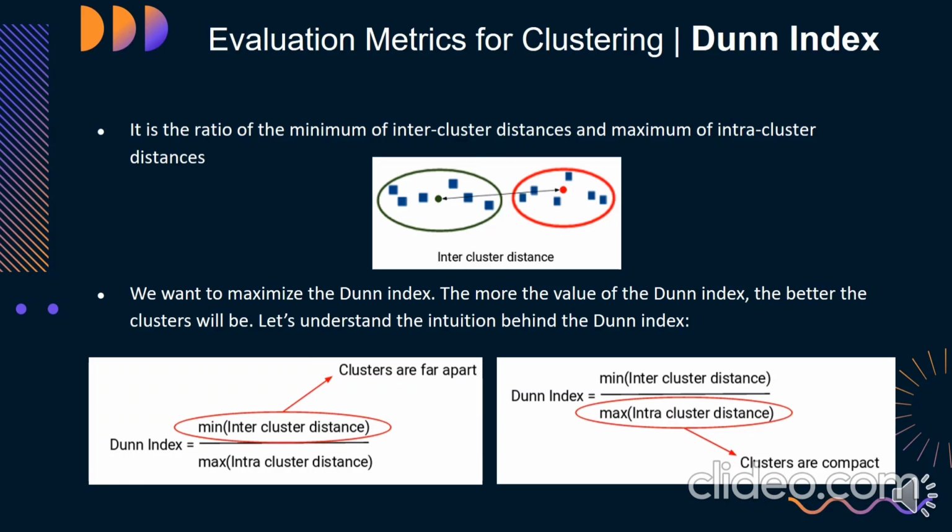On the other hand, the denominator should be minimum. To maximize the Dunn index, we take the maximum of all intra-cluster distances. The logic is that the maximum distance between the cluster centroids and the points should be minimum, eventually ensuring that the clusters are compact.